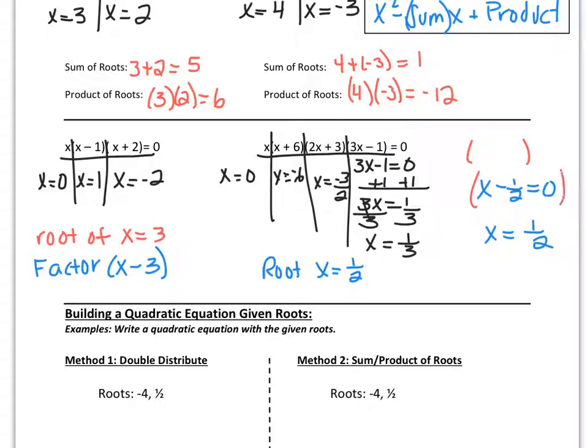So with this trick that I'm going to teach you, multiply this by 2 so that it will cancel out this 2 on the bottom. So when I do that, I get 2x minus 1, and 2 times 0 is 0. So this is what my factor would be. Okay? So how does that work?